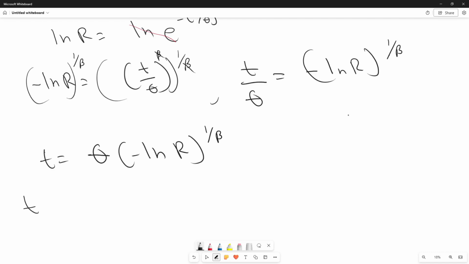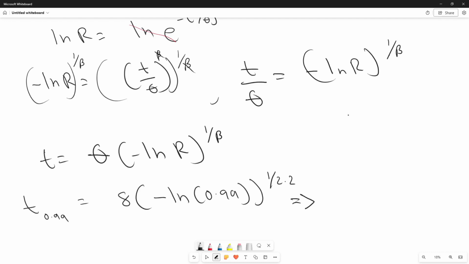So t for 99, that's 0.99, is 8 times negative ln 0.99, raised to the power 1 divided by 2.2. This is 0.98, approximately 1 year.